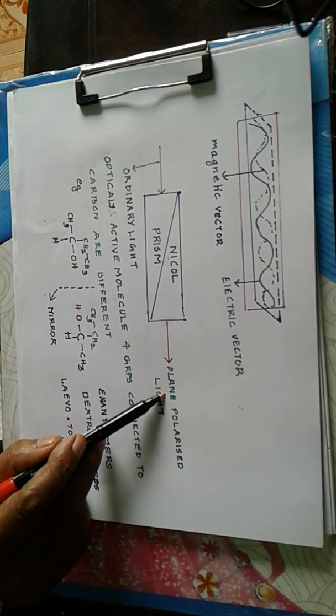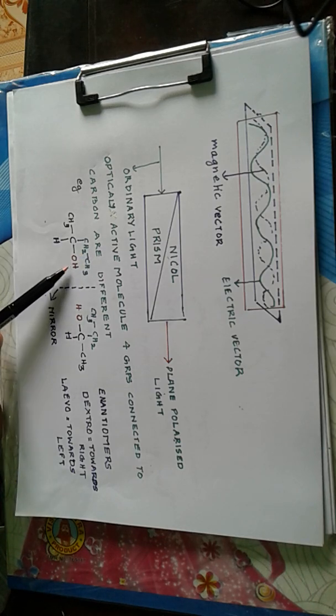Such light is called plane polarized light. So in plane polarized light, we see only two planes, one plane containing all the electric vectors and the other plane, perpendicular to it, containing all the magnetic components.